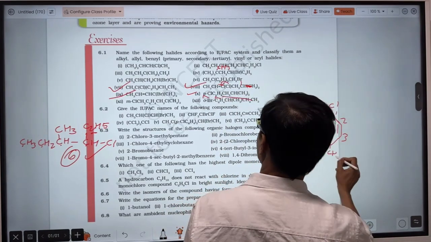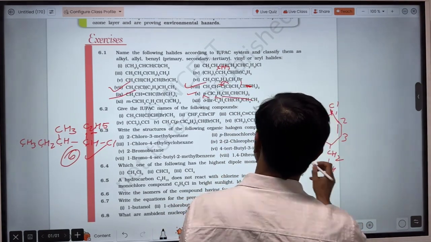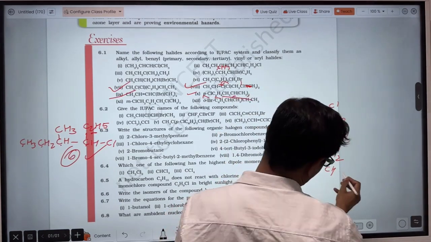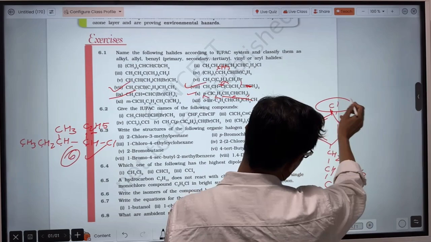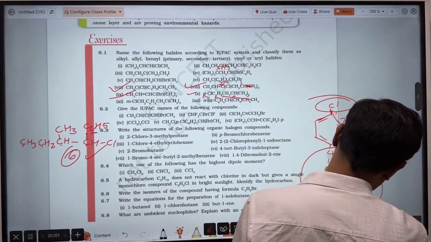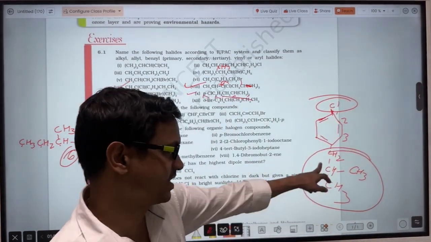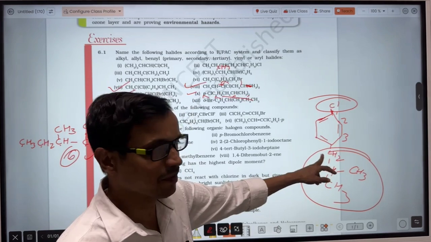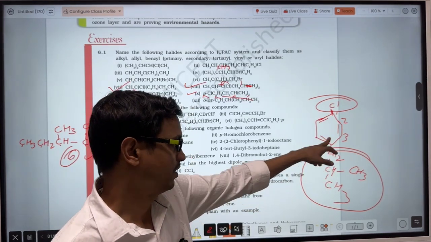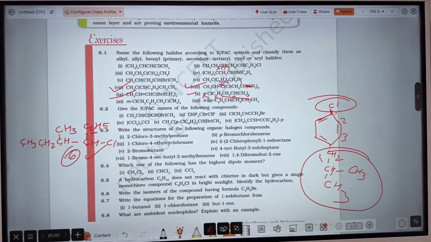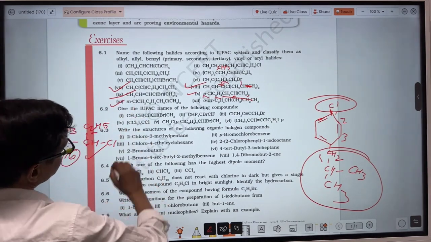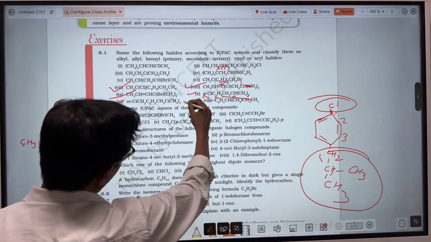So here CH2, then after CH, and here 2 methyl groups attached. So here 1 methyl group, 1 methyl group. So here will be 1 chloro, and this will be isobutyl. It is isobutyl because the primary carbon atom of isobutane is bonded, so that's why isobutyl. Okay. Now the meta position will be here, same as this.